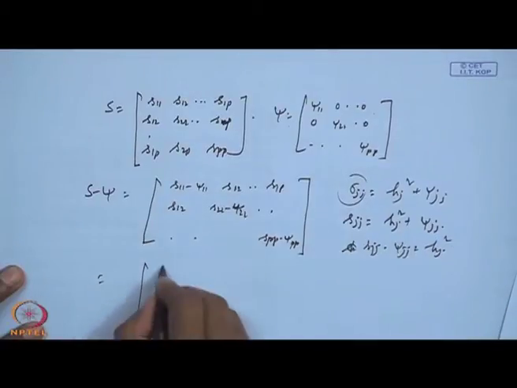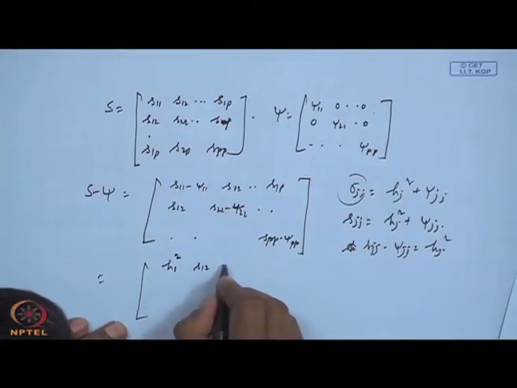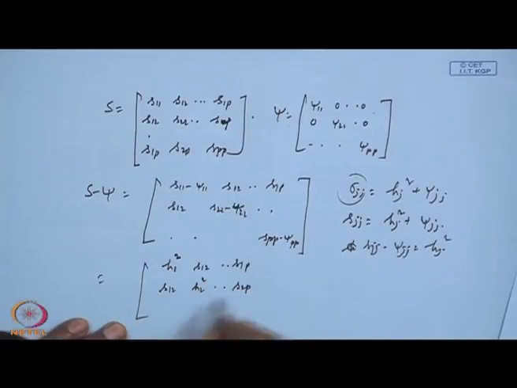So you are writing here h1 square, h12, h1p, h12, h2 square, h2p, 1p, 2p, that is hp square.